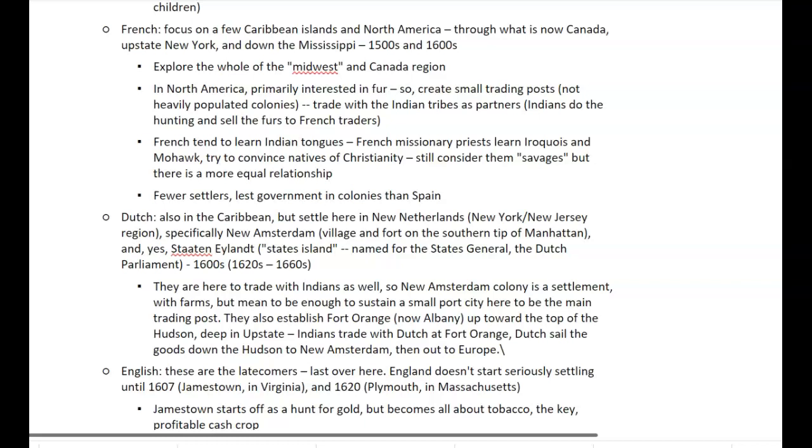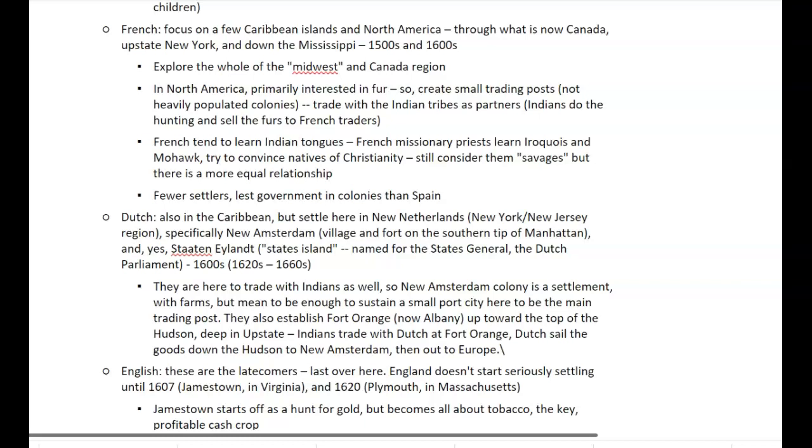French missionary priests, who also come over, learn the Iroquois and Mohawk languages. And instead of sort of forcing the Indians to become Christian, the French priests try to talk the Indians into being Christian. They try to convince them of Christianity and tell them the story of Christ and so on.